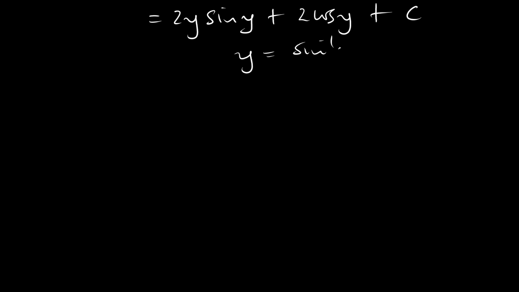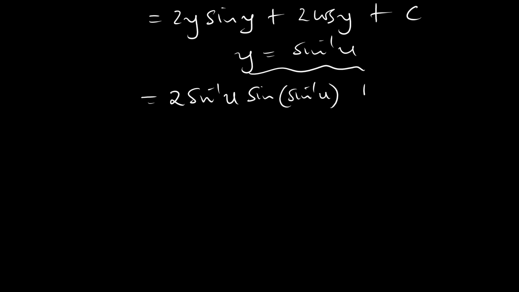Now, since we've come to that point, and we know that y equals arc sine of u, it means that our problem is 2 arc sine of u times sine of arc sine of u plus twice the square root of 1 minus sine squared of arc sine of u plus c.